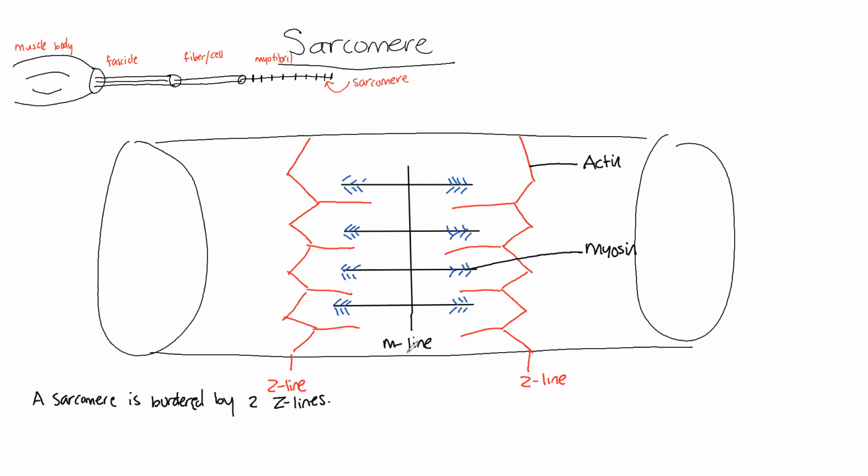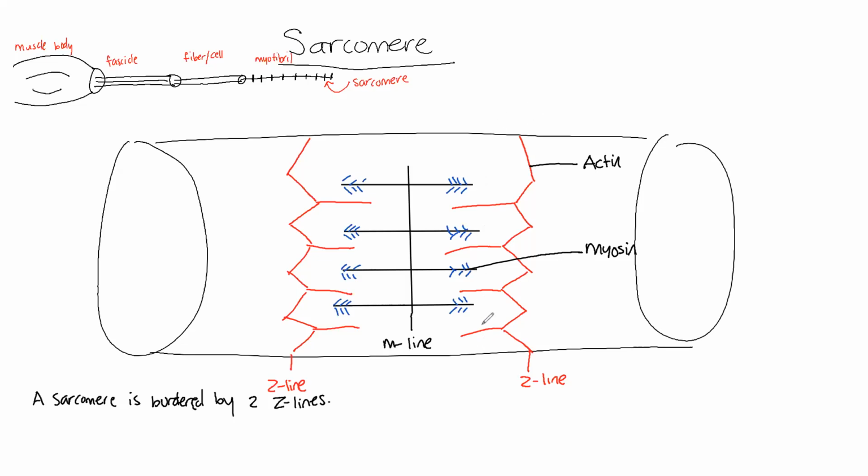Now we can think about the bands or the zones. So the zones or the bands are going to be those regions where we kind of pointed out earlier that there are slightly different staining patterns that are associated because either there's only thick, only thin, or overlap. So only thin is the I band.